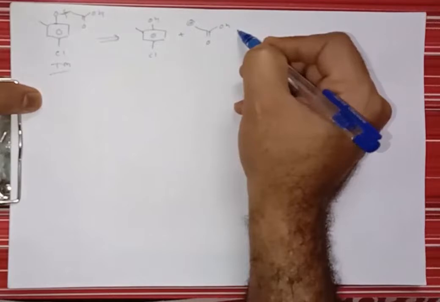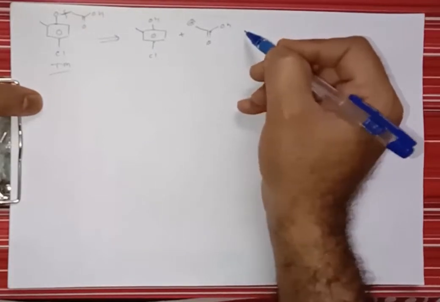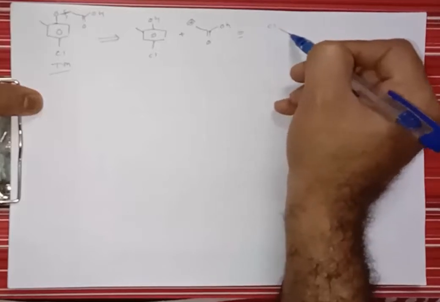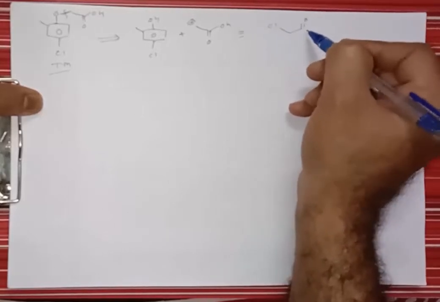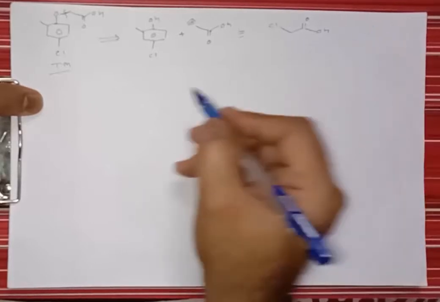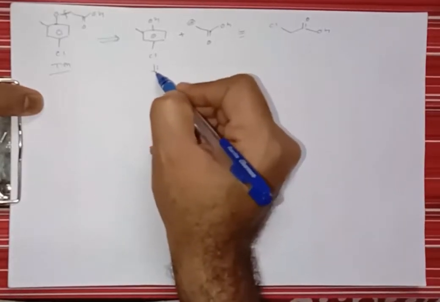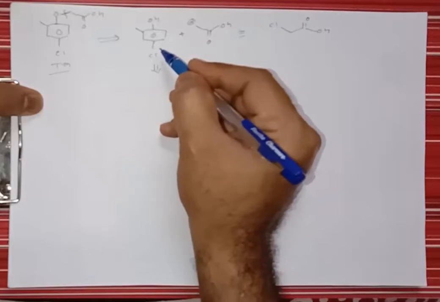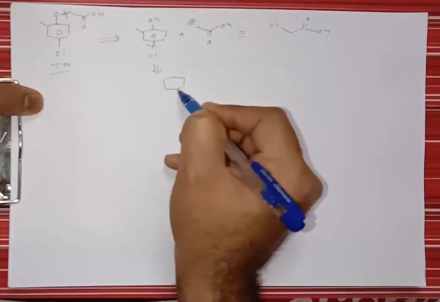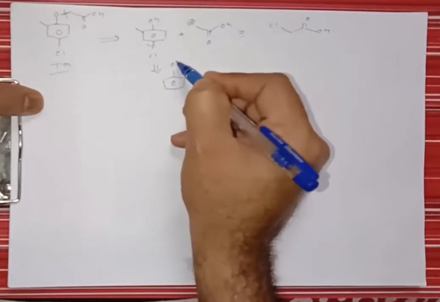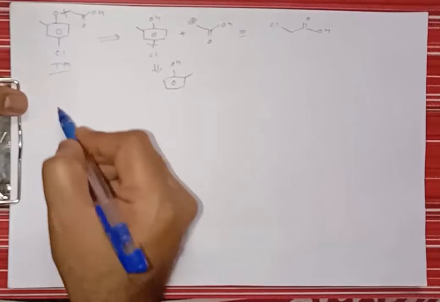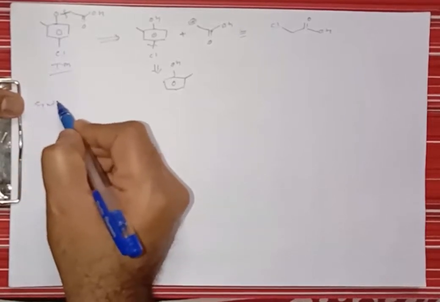And the synthetic equivalent for this molecule is Cl, CH2, C=O, OH, and this is easily available. Now we can prepare this molecule by simply breaking this Cl group, and it gives a molecule like this, that is OH, and here is a CH3 functional group. So this is available. Now we can go for the synthesis.